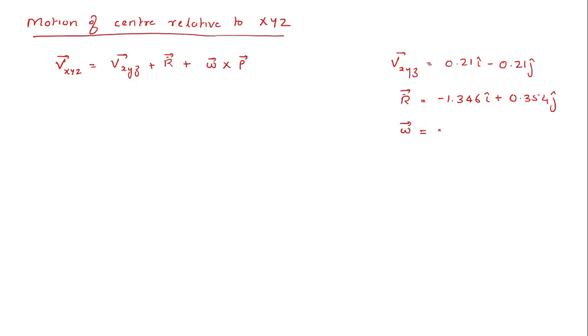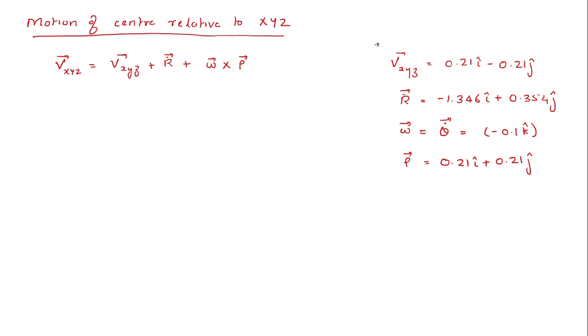So omega vector is actually theta dot vector, which in the question is given as 0.1 K cap. And finally rho vector, we had obtained it as 0.21 I cap plus 0.21 J cap.